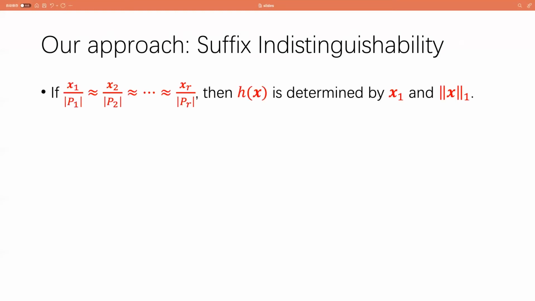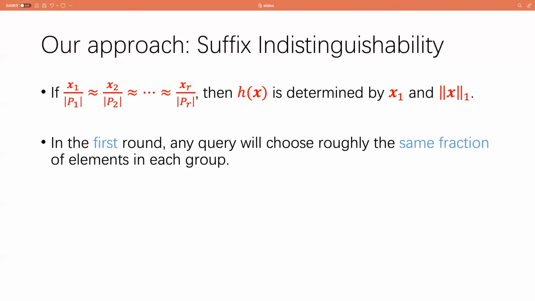If a function has suffix indistinguishability, it has the following property. For any vector x such that the ratio of xi over the size of Pi is similar for every i, then the value h(x) only depends on x1 and the sum of the xi's, in other words, the first norm of the vector x.